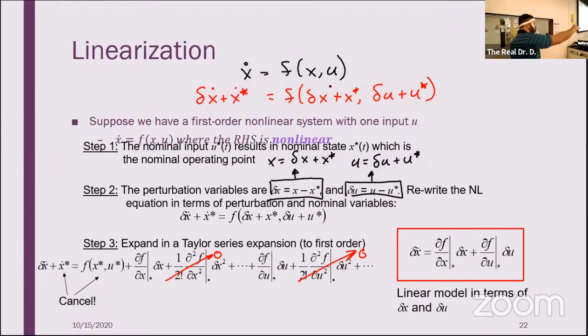Remember what we're trying to do, though. We are just trying to make a line that goes through a point. We're taking this nonlinear model, finding a point that we want to operate at, and drawing a line at that point that's tangent to our curve. So what would df dx be?